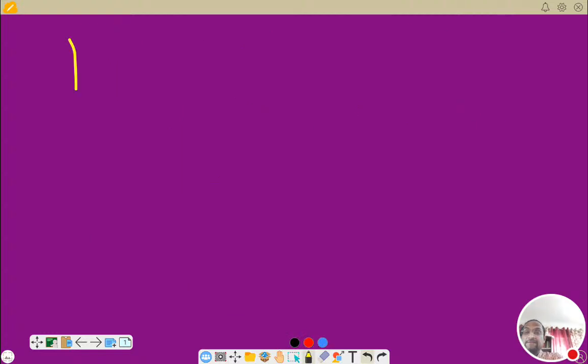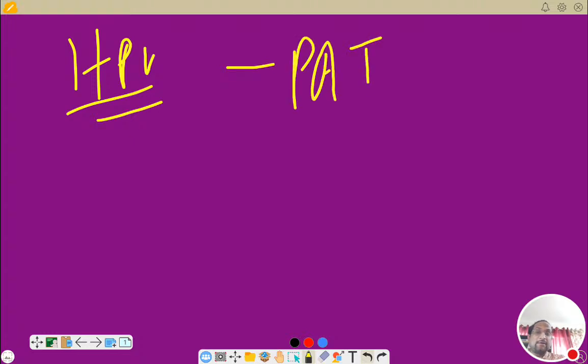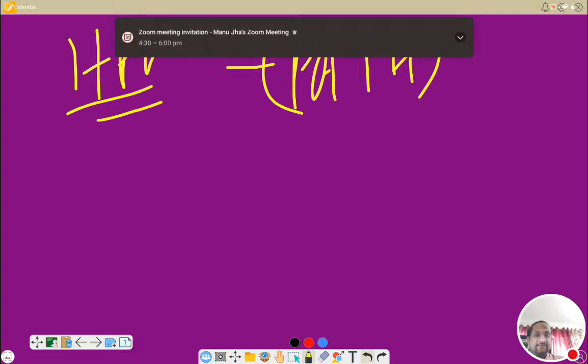Bill and Melinda Gates Foundation, HPV, human papilloma virus. They had conducted a test. Path Foundation, they had conducted a test upon young adolescents, women. So many of them died.